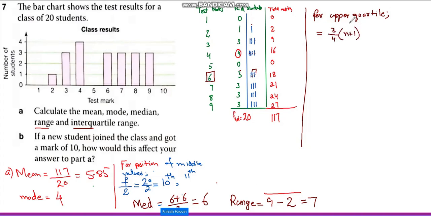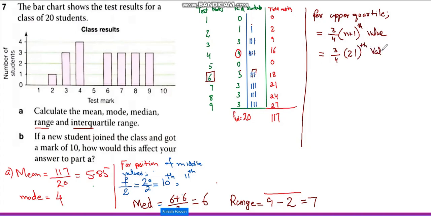N represents the total frequency, which is 20. So if n is 20, it means 3/4 times 21.